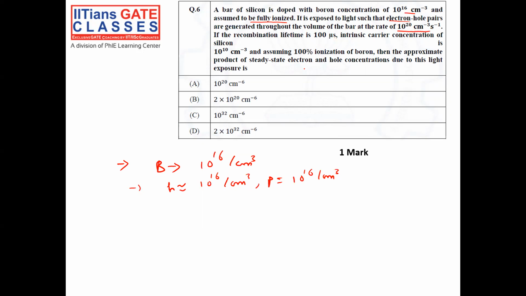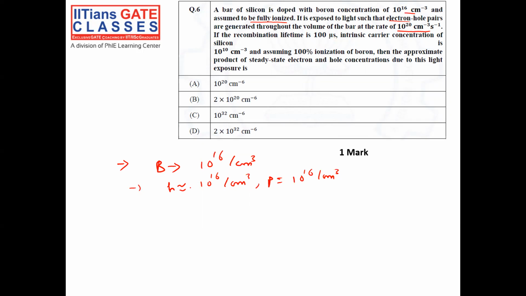If we expose light to a semiconductor, what will happen when the energy of the bombarding light is more than the band gap of the semiconductor? It will break the bond and an electron hole pair will be generated.